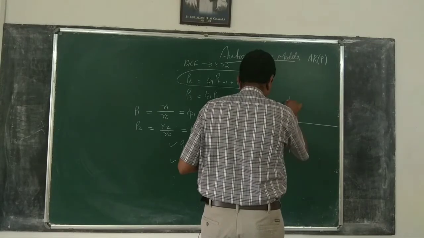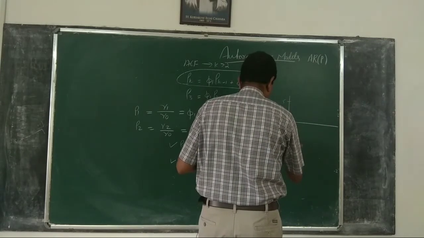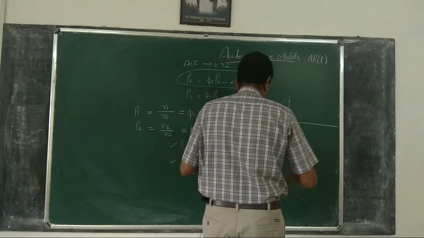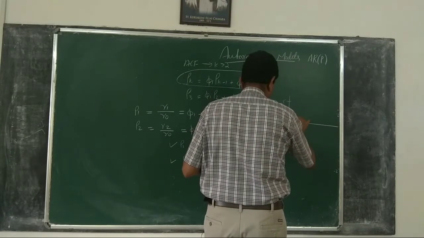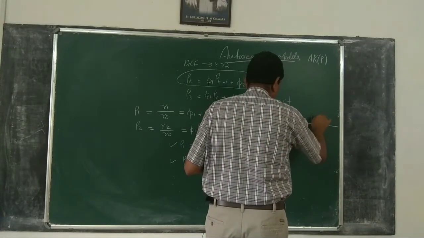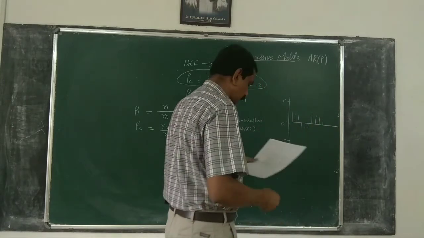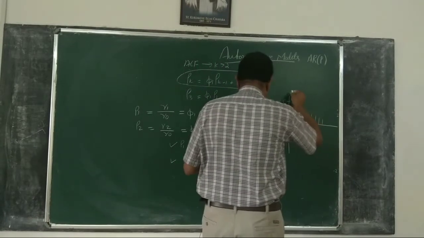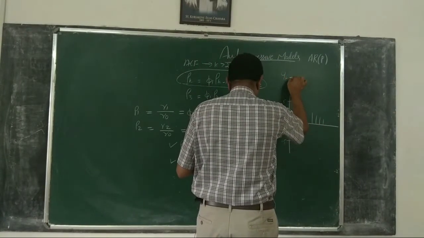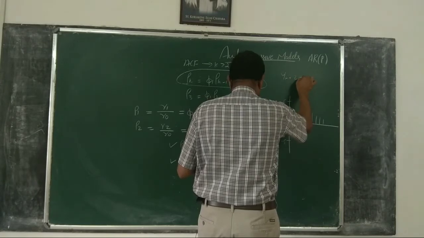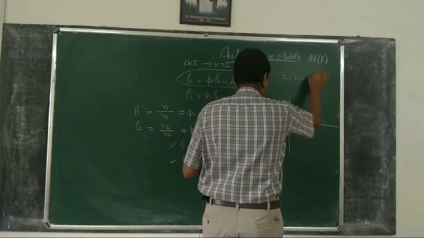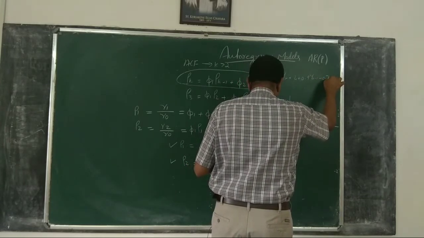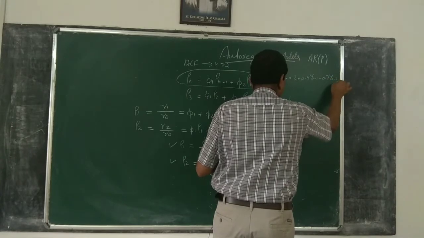The process is something like this, written for the process yt is equal to 2 plus 0.9 yt minus 1 minus 0.7 yt minus 2 plus epsilon t.